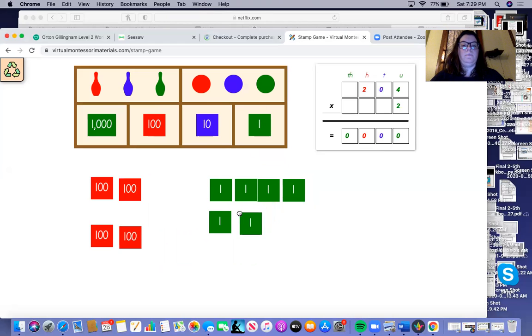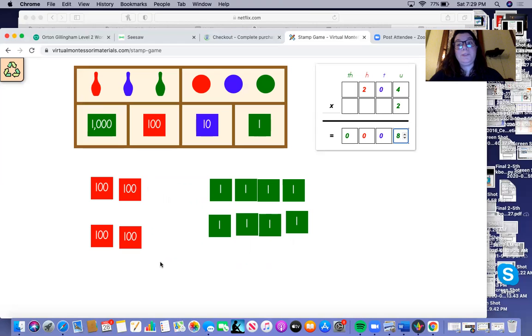204. Now, when we multiply a number by 2, it's essentially the double of that number. We're adding 204 plus 204. If we want to practice our multiplication, say, well, 2 groups of 4, 4 times 2 is 8. Now we need to multiply our 10s.